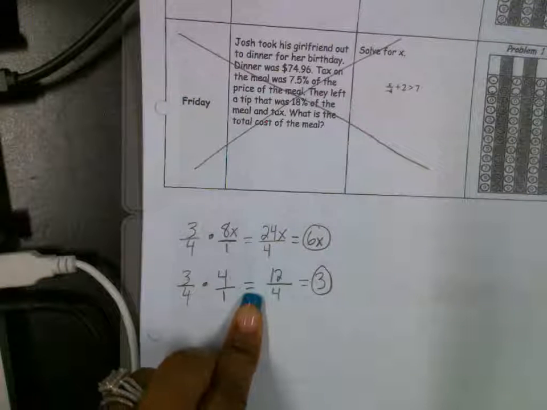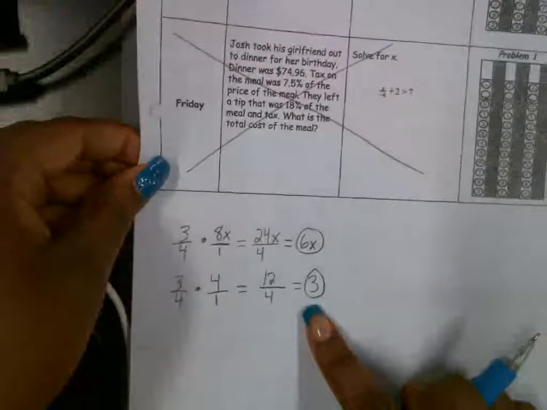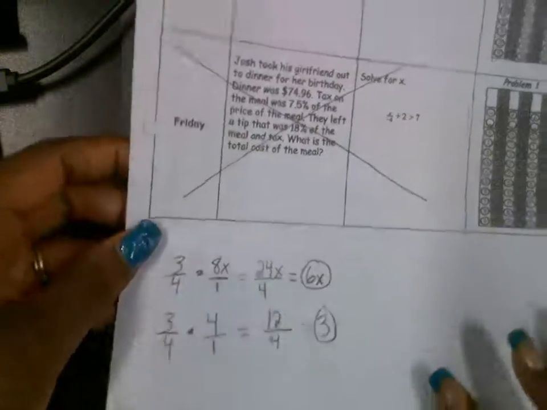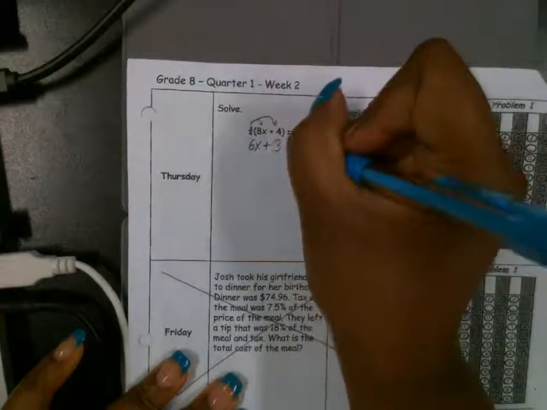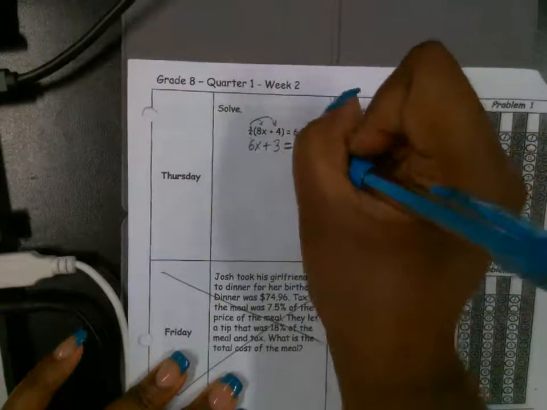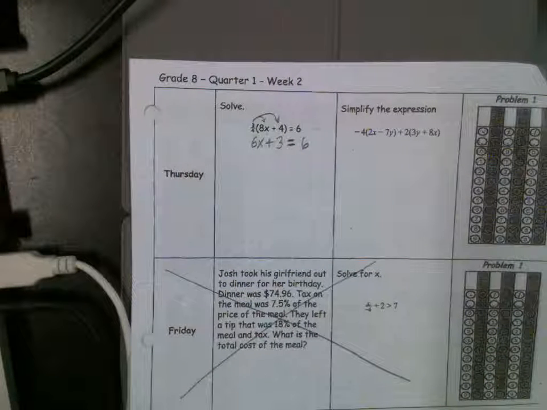Okay? So that's how you multiply the fractions, okay? So we got positive 3. Anybody still copying this part? Sure? So here we're going to put plus 3 and then bring down the equal sign and bring down the 6. So we did that first part. Okay? We did the first part.